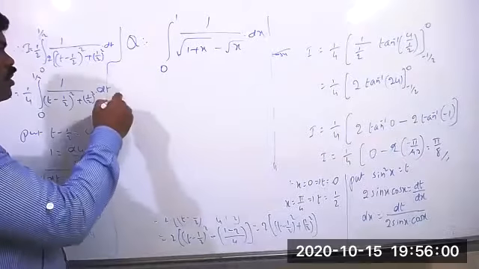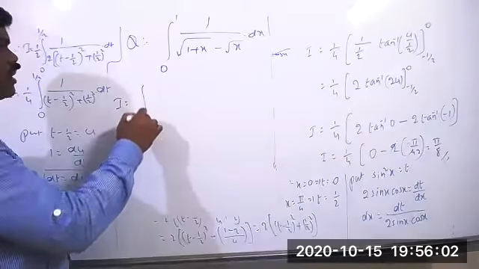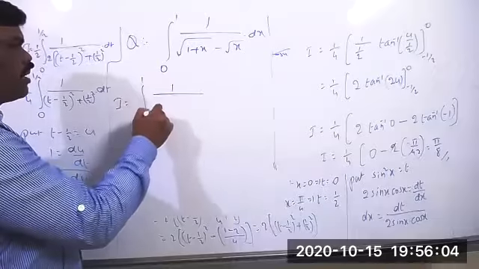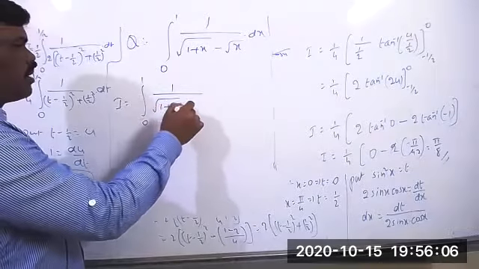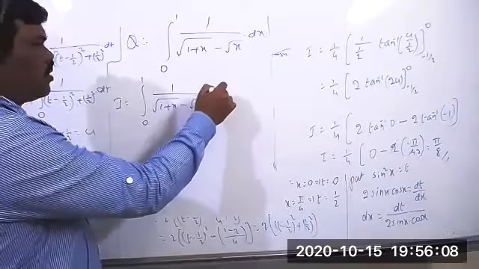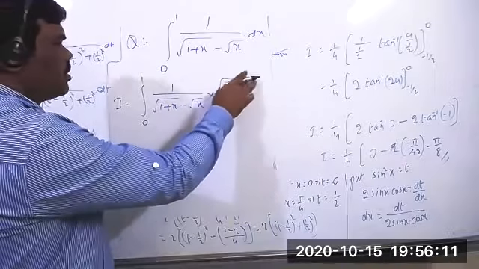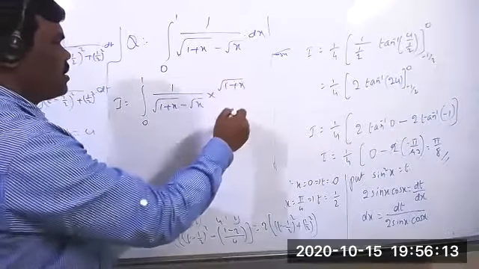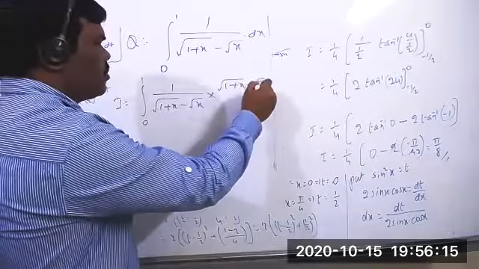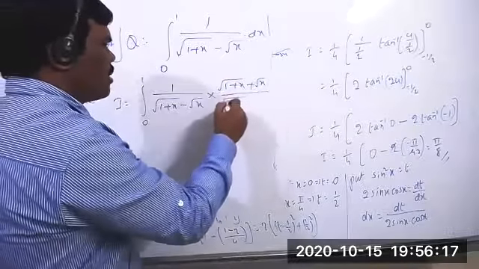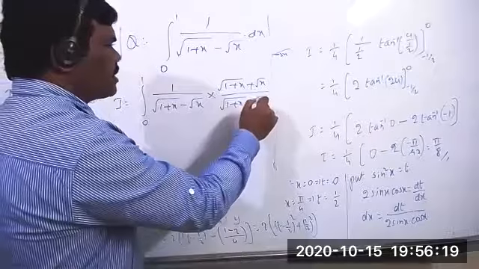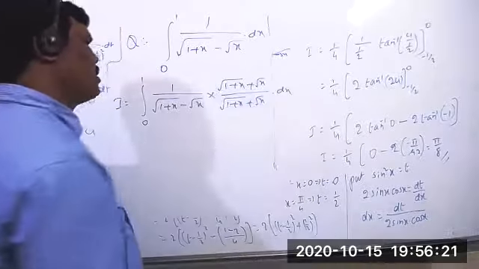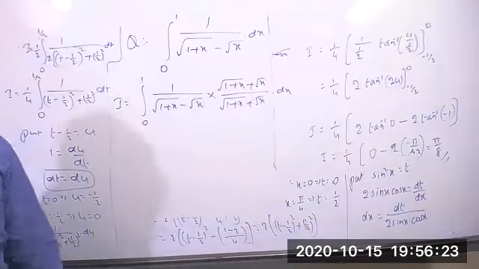So the value of I equals the integration from 0 to 1 of 1 by root of 1 plus x minus root x, multiplied by root of 1 plus x plus root x over root of 1 plus x plus root x, dx. Rationalize the denominator.